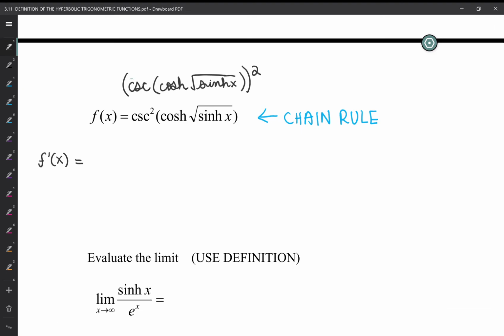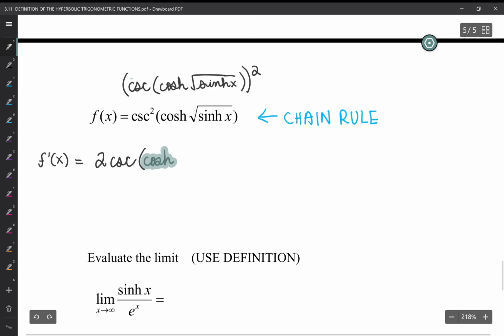So this will be equal to 2 cosecant of the inside function. This is just a cosecant, not a hyperbolic cosecant.